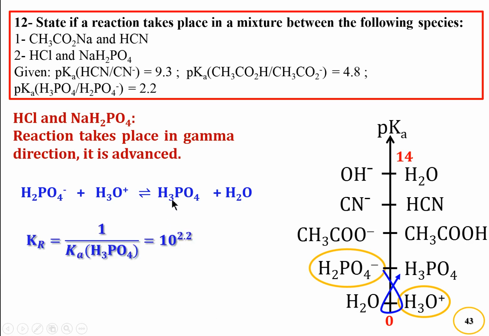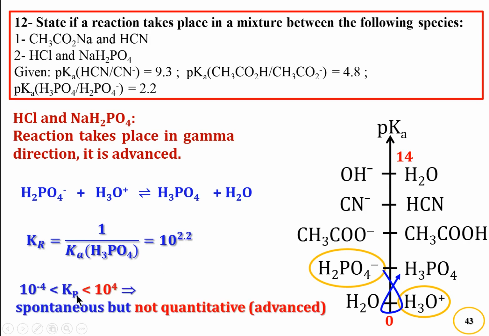K of the reaction is equal to the H3PO4 concentration divided by the H2PO4- and H3O+ concentrations, so equal to 1 over Ka1 of the couple H3PO4, so 1 over 10 to the power minus 2.2 equals 10 to the power 2.2.